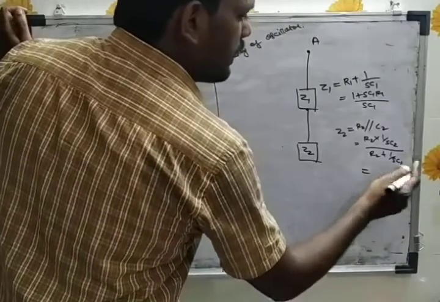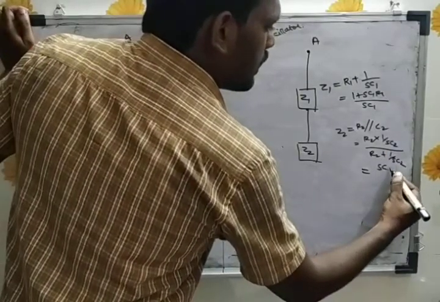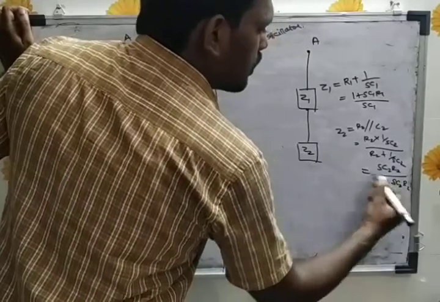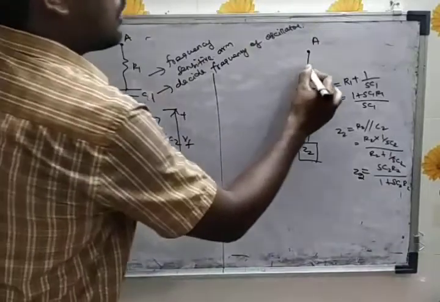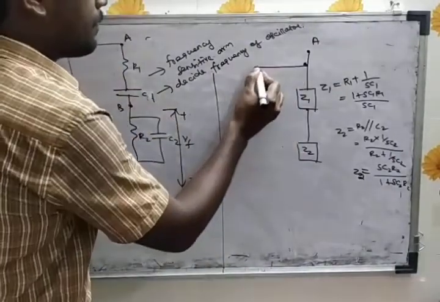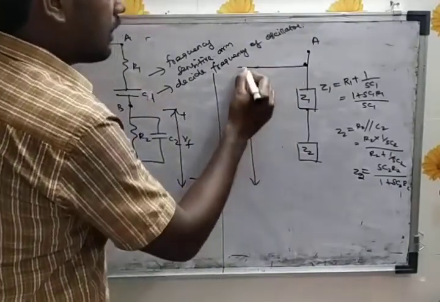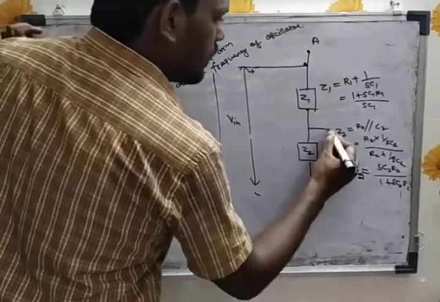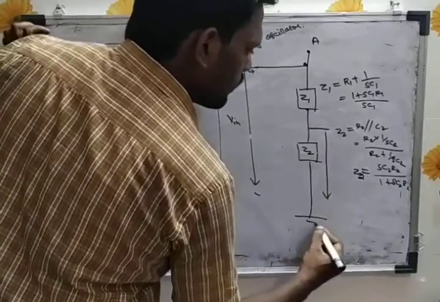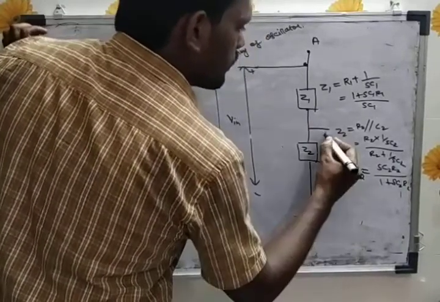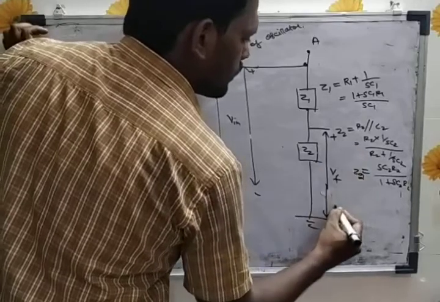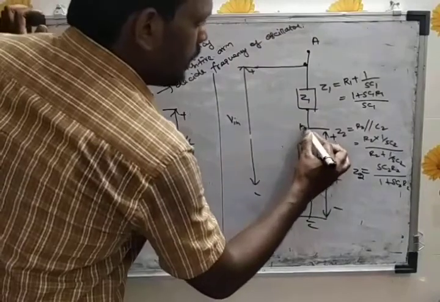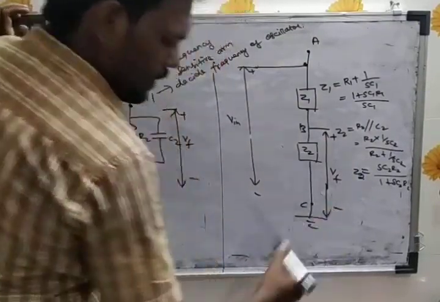If you simplify, you will get SC2 R2 by 1 plus SC2 R2 for Z2. So here we are giving feedback input, here we are taking Vf. This is point B, this is point C.